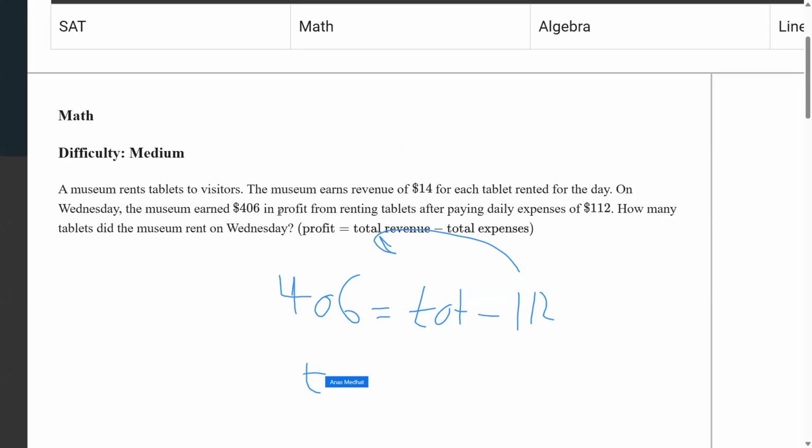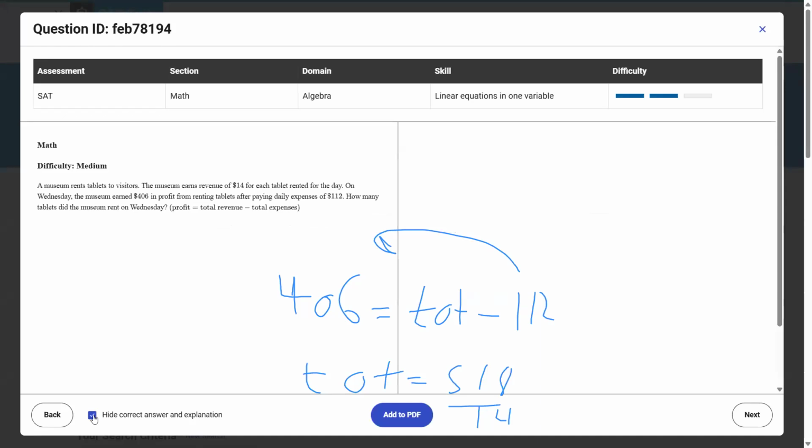So the total is equal to 518. Now we'll divide the 518 by 14 to calculate the number of tablets. That gives 37.